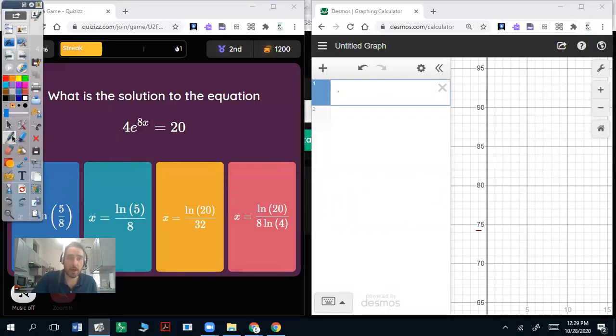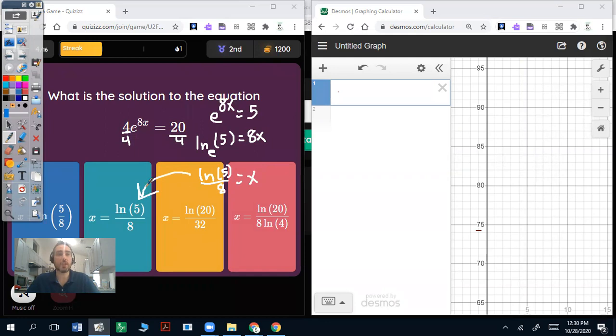We got 4 times e to the 8x power equals 20, divided by 4. 20 divided by 4 is 5. So e to the 8x equals 5. When you have e to a power, that log is the natural log, ln. Put the 5 in there. It's implied the base is e, so you don't really need that. Equals 8x. So ln of 5 over 8 is equal to x.